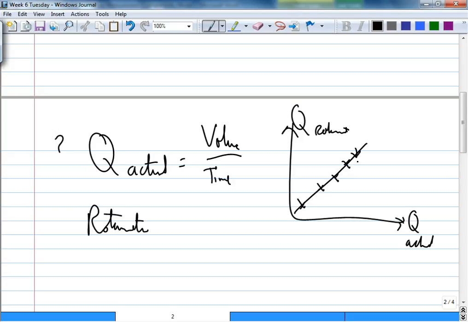Rotameter normally is not so accurate. So if you don't get a perfectly straight line, don't cry. It's not going to be that fantastic. It's not going to be that bad, but it may not be that good.